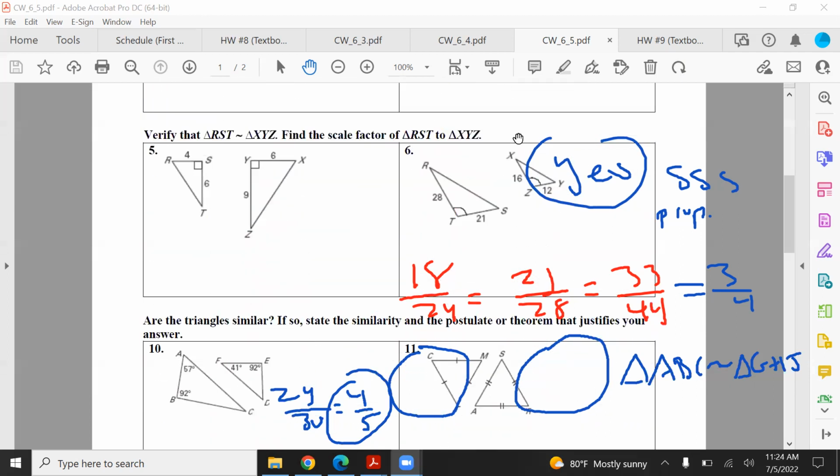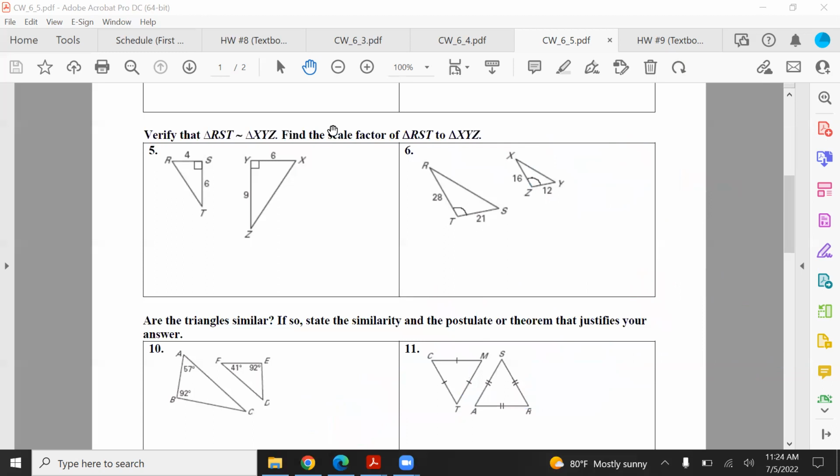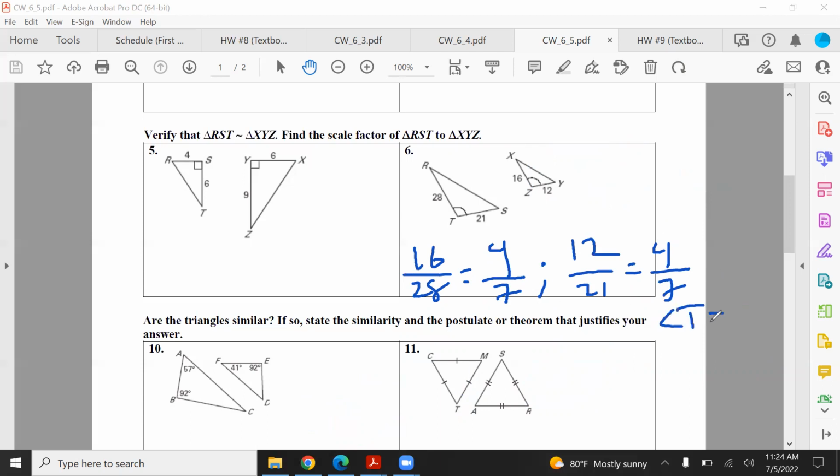Then for number 6, verify. So 16 over 28. What does that reduce to? 4/7. And 12 over 21 is also 4/7. And the included angles are the same.